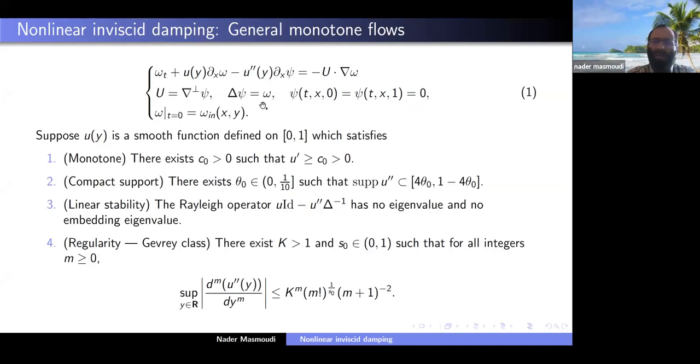The difficulty there is mostly to prove that the vorticity doesn't touch the boundary. You want to prove that if you start with the perturbation of the vorticity far from the boundary, it stays far from the boundary. Here we want to extend this to a general monotone flow.